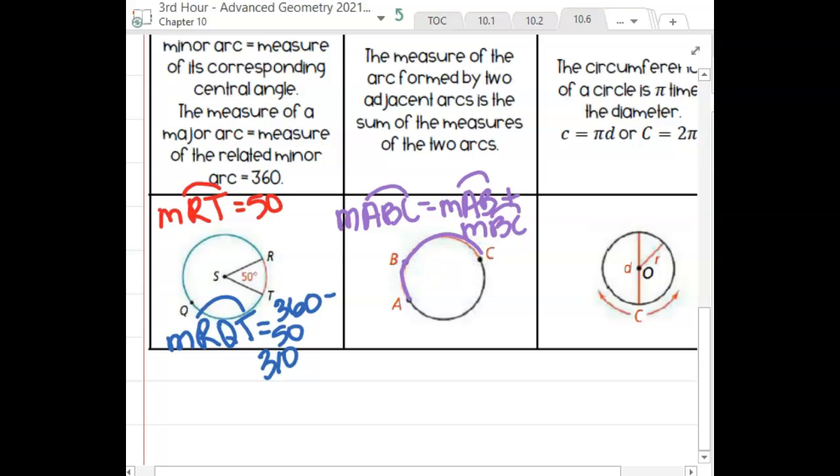Add it to that one. So sometimes when we're finding the measure of arcs, we're going to have to approach it that way. You can add those 2 arcs next to each other together.